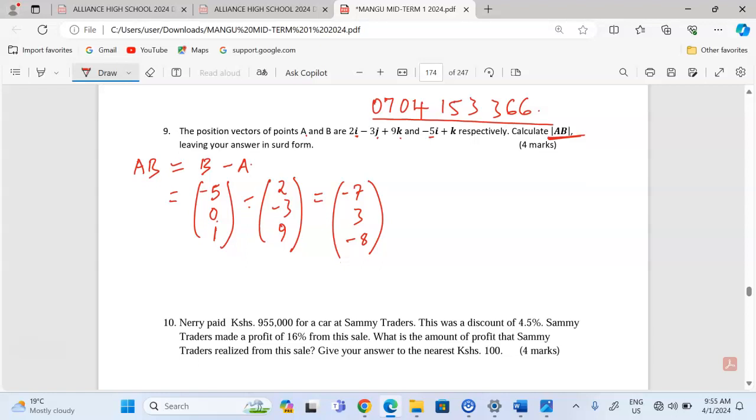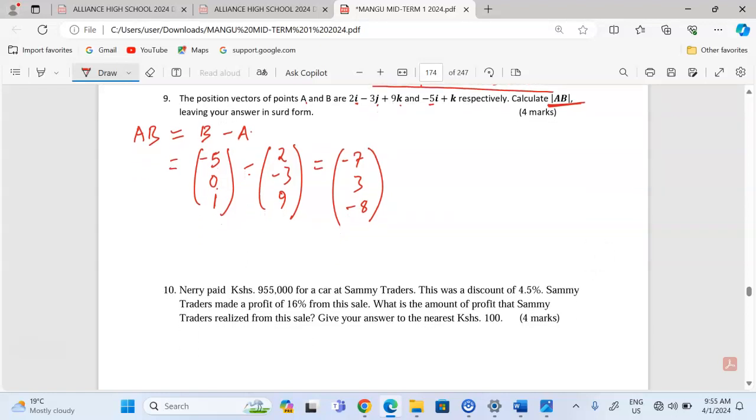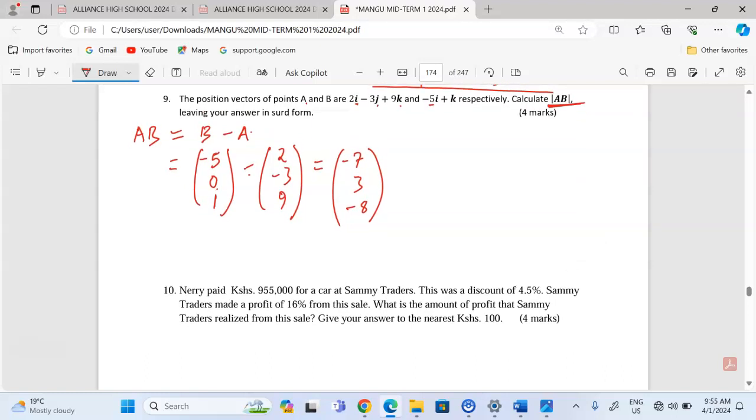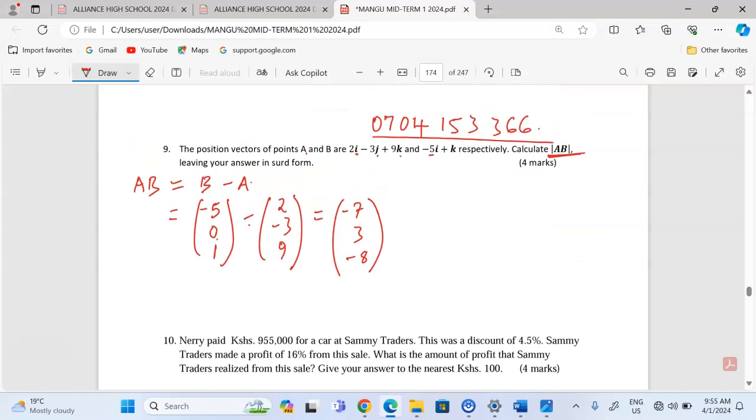With the column vector AB, we proceed to get what we call the modulus, or rather the magnitude. For us to get a magnitude, we need the square root of x squared plus y squared plus z squared.